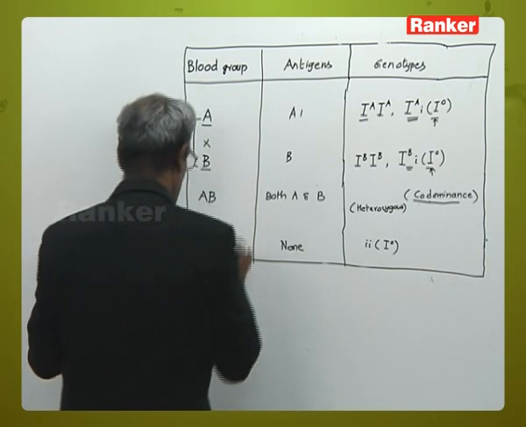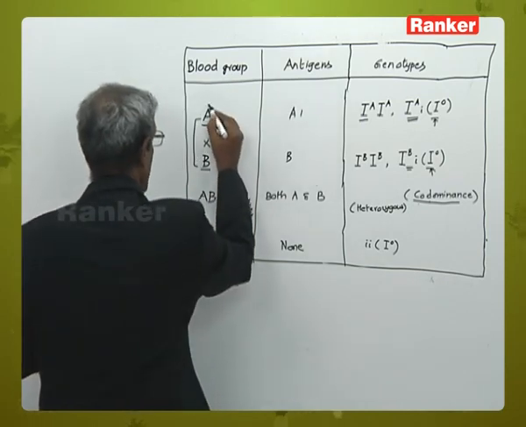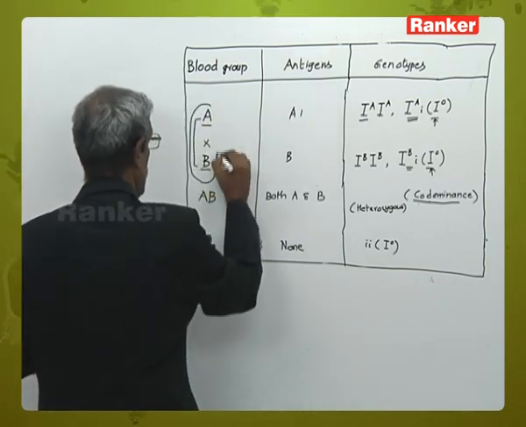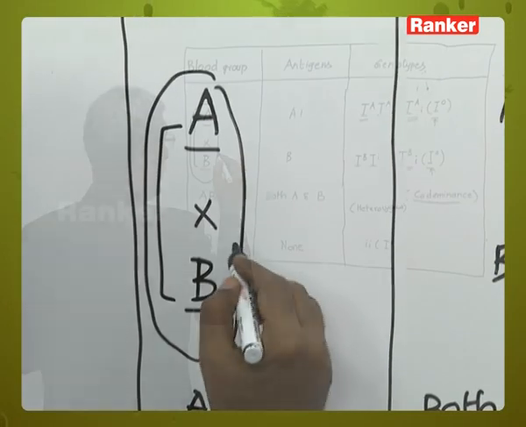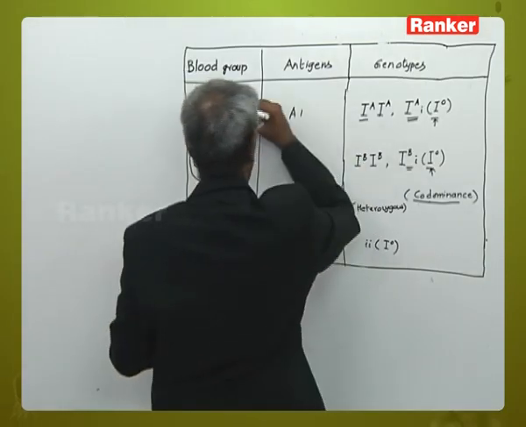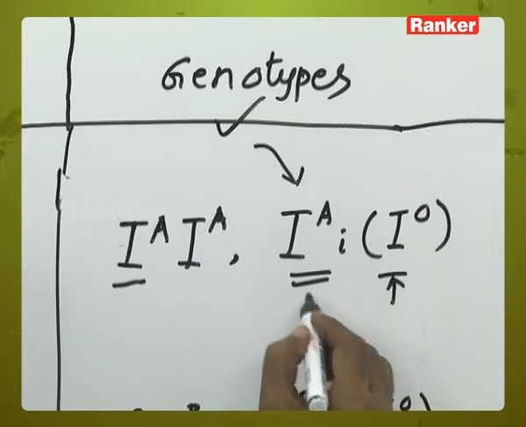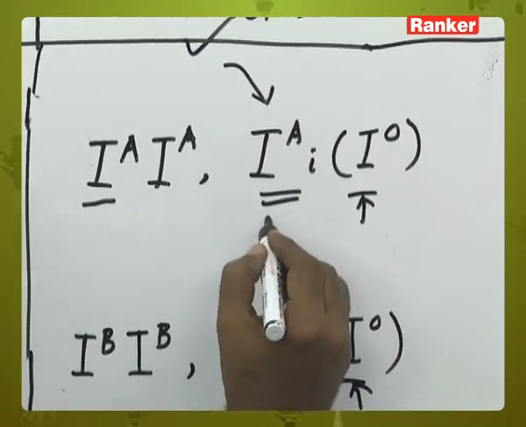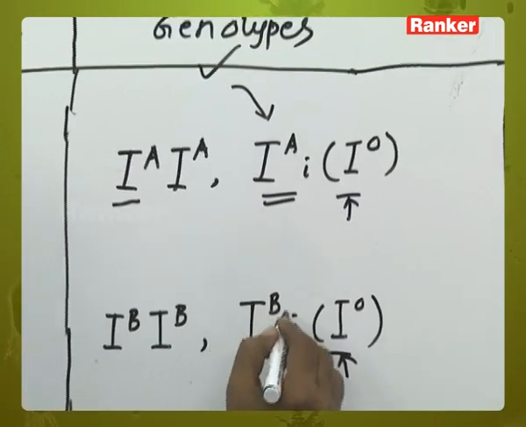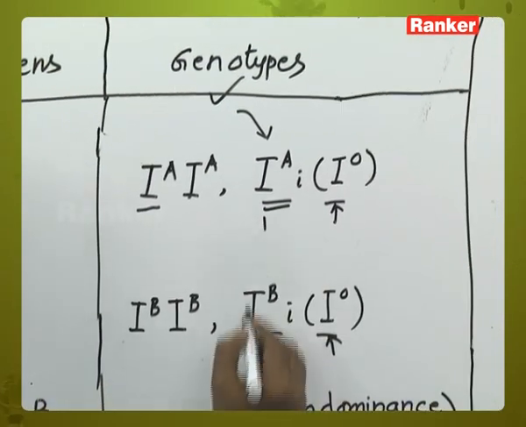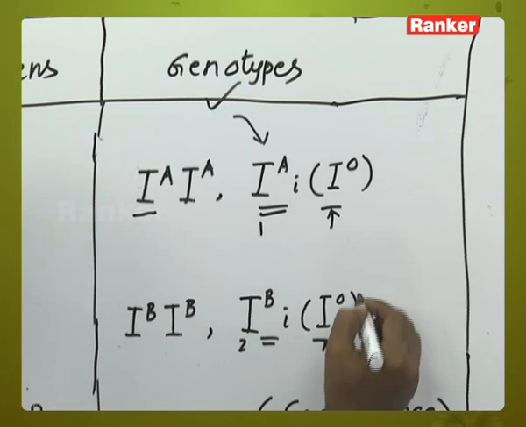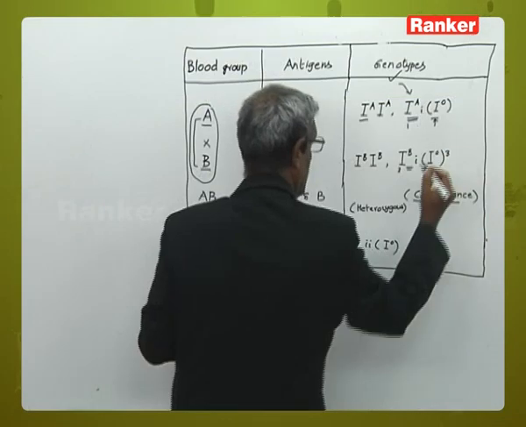Whenever you're studying problems related to crossing of parents, it's very, very important to exactly know what the genotypes are. And once you know the genotypes, you have to look at what is present over here, IA as well as IB. This is the first one, this is the second one, and then what other choices are left behind the third one.